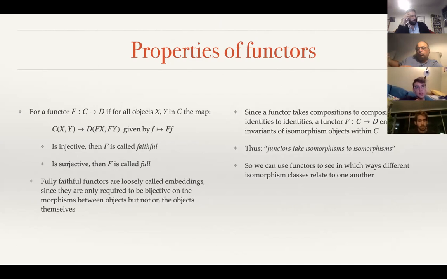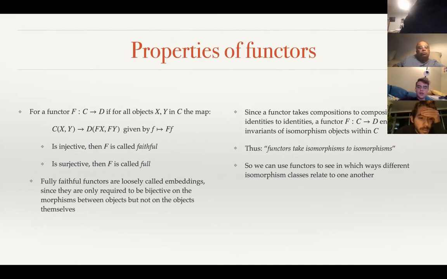Since in category theory we think about everything in terms of its relation to other things, whenever we have one of these fully faithful functors, we in a sense have an embedding of our category in another context, but in which the objects could be completely different. The objects could be simplified. So it's pointing to how objects aren't foundational, but it's the relations between them that are the important things.